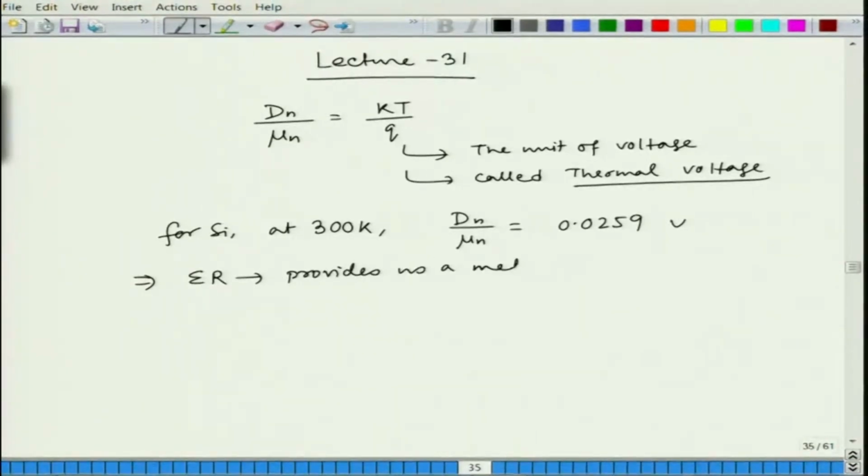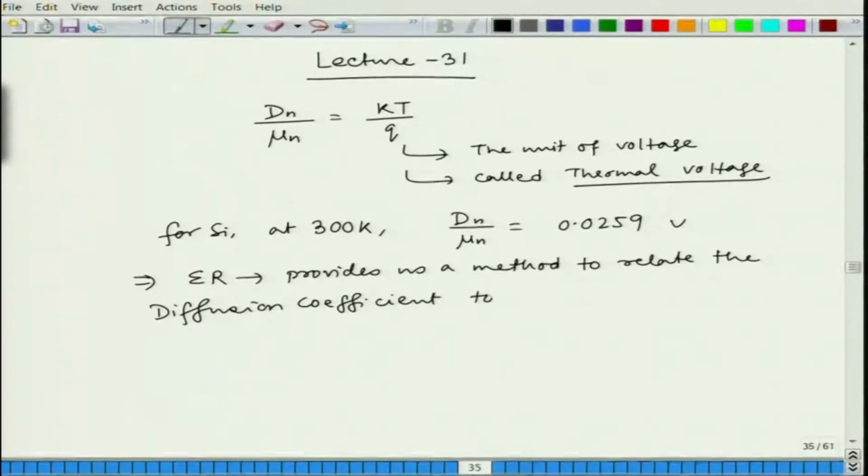Okay. And this Einstein relationship provides us a method to relate the diffusion coefficient to the mobility.